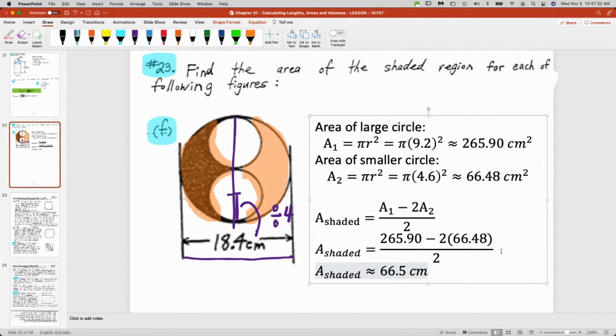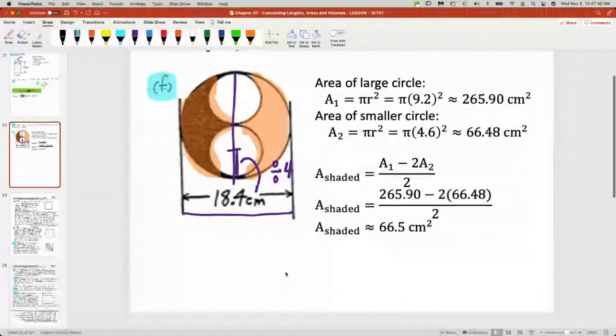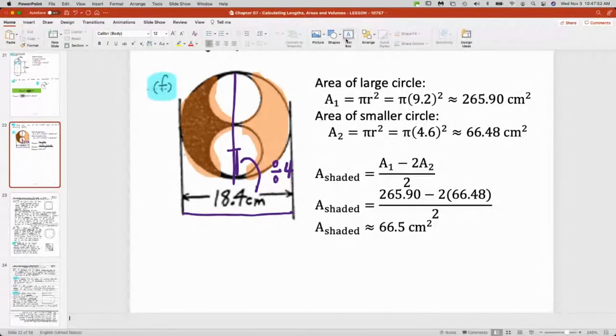Thank you, Nicholas. Now, I'm going to show you something absolutely hilarious, okay? This is gonna cook a lot of your brains. Your brains are gonna get really, really confused in a second. This shaded area is the same as the area of one of the little circles.